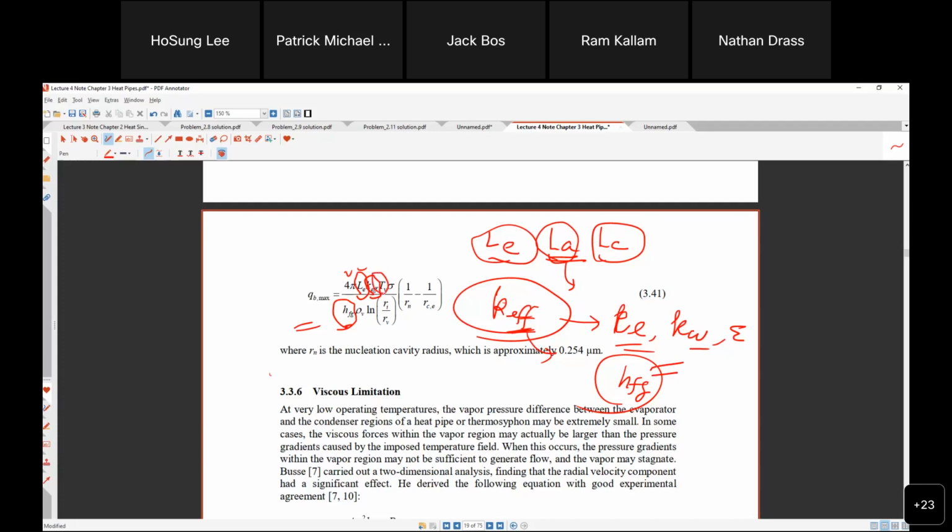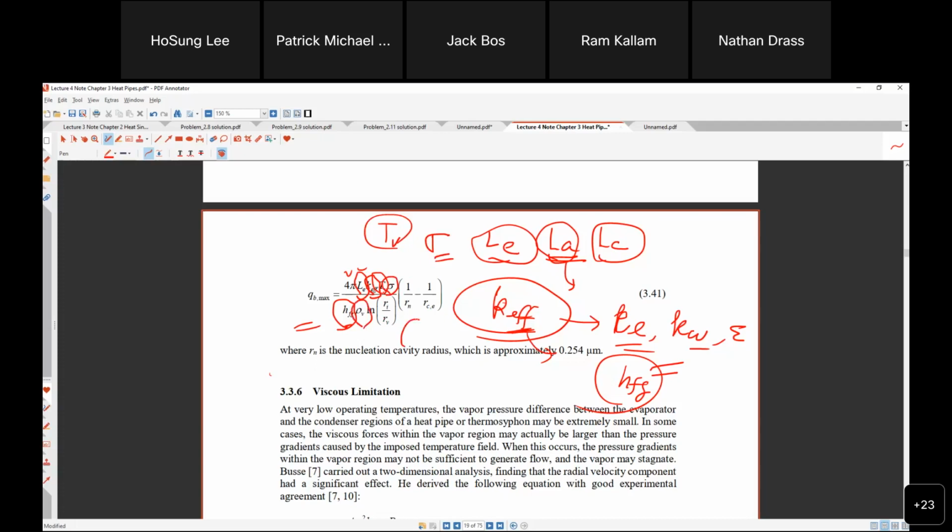Now, T over V, what do you think of T over V? Is that the vapor temperature? Yes. What is the sigma? Surface tension. Yes.